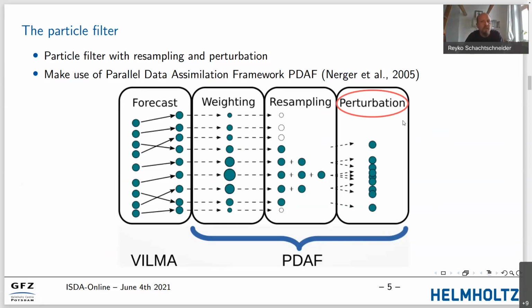The perturbation is in many cases the critical part. All the other steps are quite straightforward and work well, but the perturbation is tricky. We will see that later. That's the case when the model is more sophisticated.